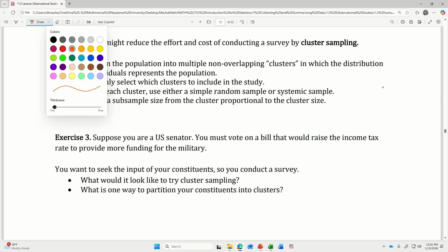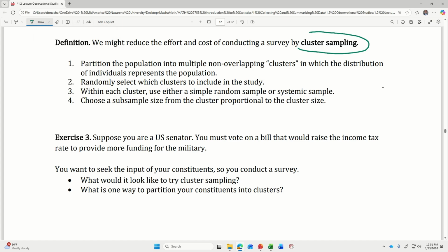Here's another way, and it's a completely opposite philosophy. But another way to do this is by cluster sampling. And clusters are like the opposite of strata, okay? They do not mean the same thing. For cluster sampling, step 1, partition the population into multiple non-overlapping clusters in which the distribution of individuals closely represents the distribution of the overall population.